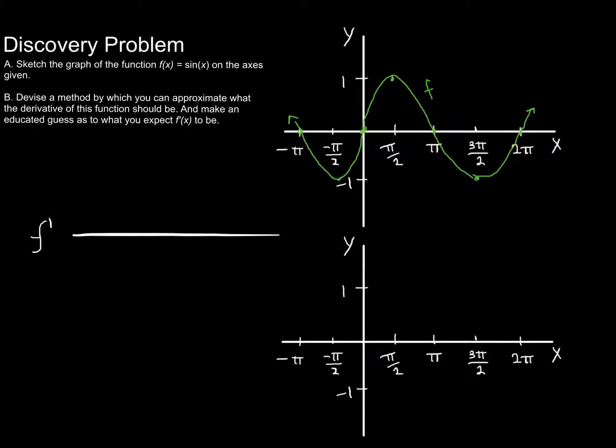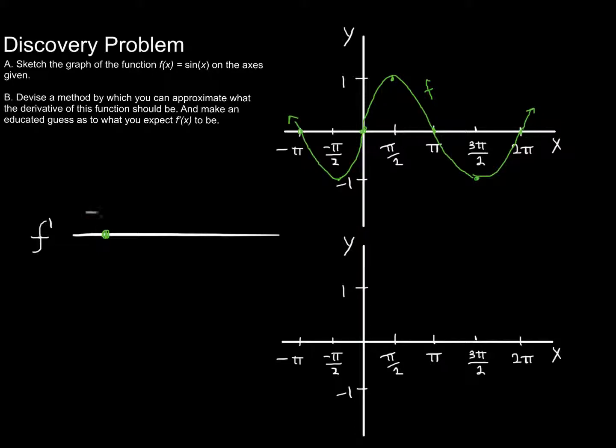So making my sign chart of the derivative, if I just start at 0 and think about where on my function of sine of x I'm going to have a slope of 0, I'm going to have a slope of 0 here, here, and here, so I can mark those points down.